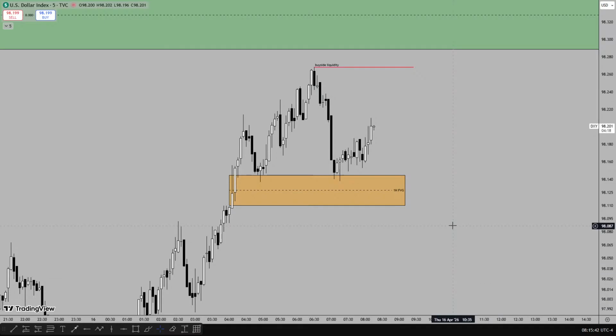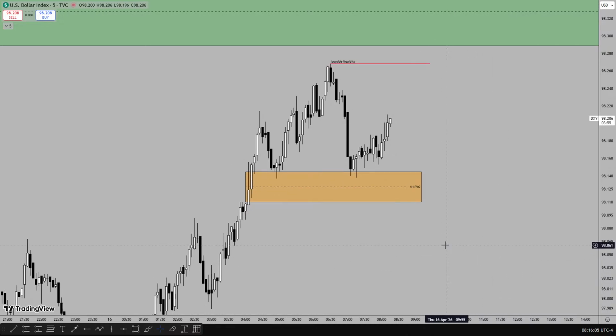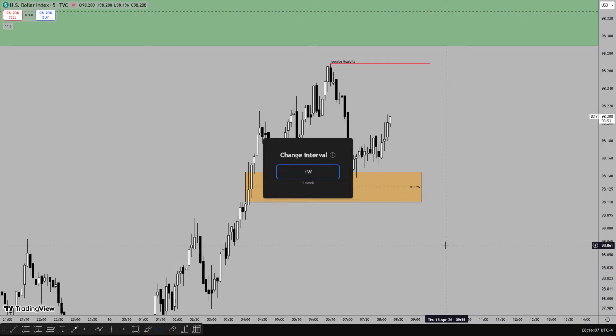So I'm currently on the 5 minutes on the dollar index. Let me get some things off my plate first. So first, let's go to the weekly time frame.